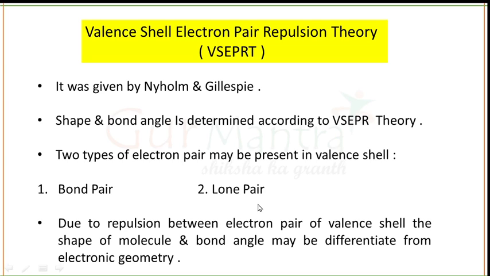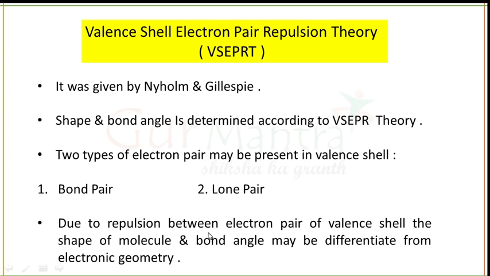Gillespie has emphasized that electron-electron repulsion due to Pauli's exclusion principle is more important in determining molecular geometry than electrostatic repulsion. Two types of electron pairs are present in the valence shell: number one is bonded pairs and number two is lone pairs.